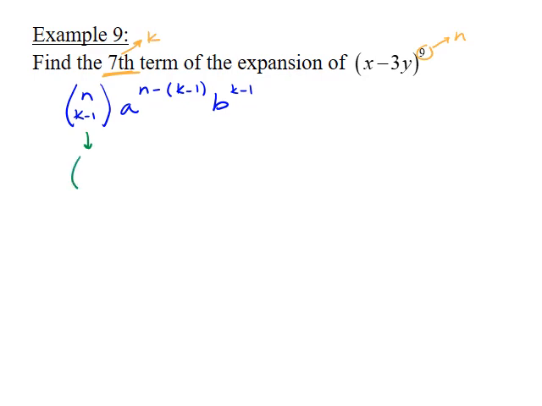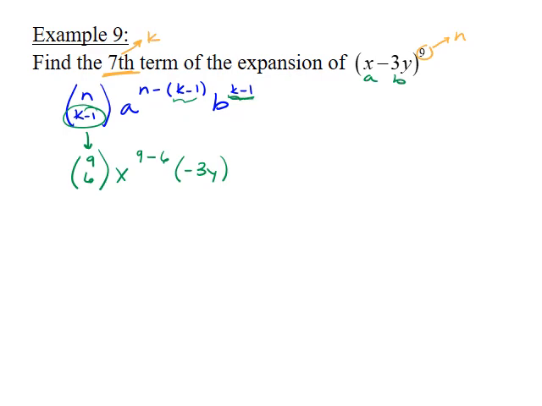This is n choose k minus 1. Well, if k is 7, 7 minus 1 is 6. This is a, this is b. So we will have x to the power of 9 minus, again, this is 7 minus 1, which is 6. And then b is negative 3y to the k minus 1.